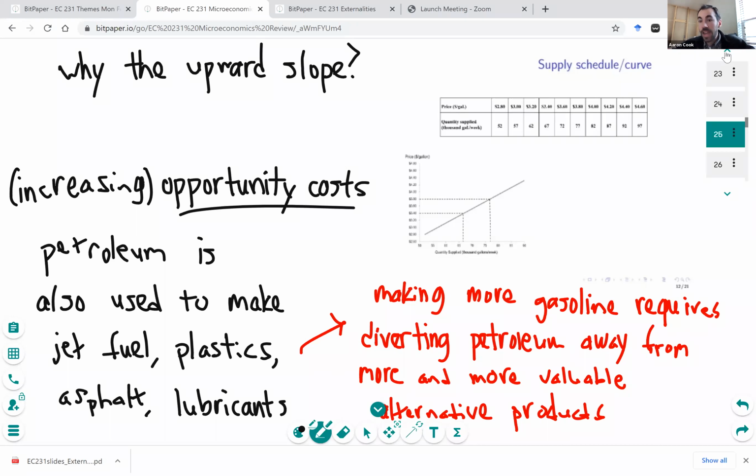Same is true for any kind of good. So if you want to produce more gasoline, you might divert some petroleum away from low value products. But then as you want to produce more and more, you have to keep diverting petroleum away from higher and higher value products. And that opportunity cost, therefore, is going to go up as you do that. So that's a little bit of intuition of why these supply curves have this upward slope.